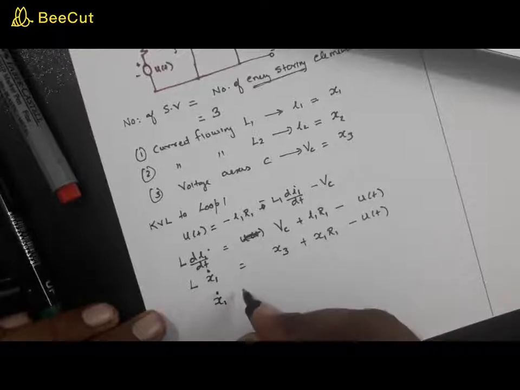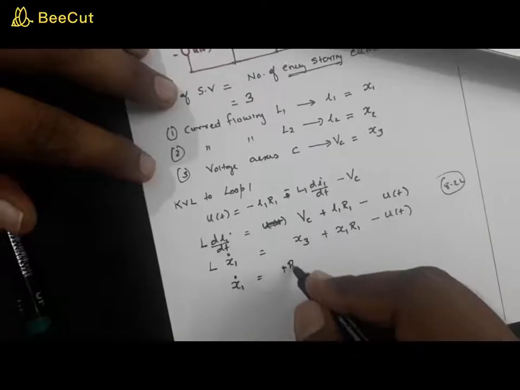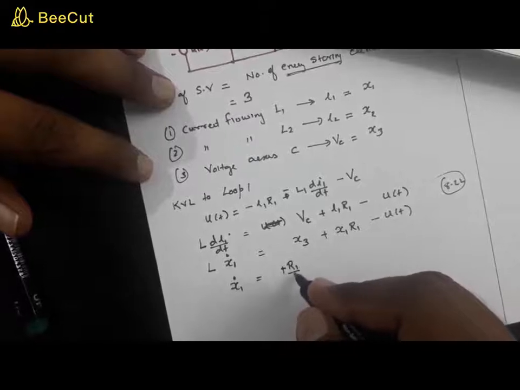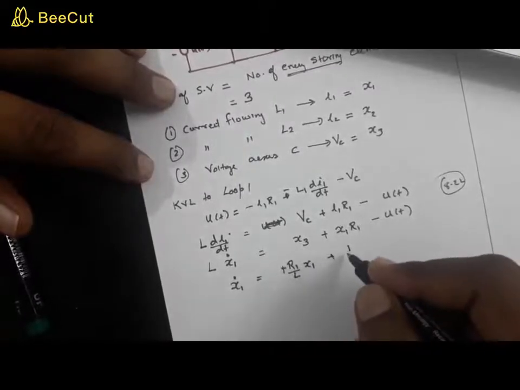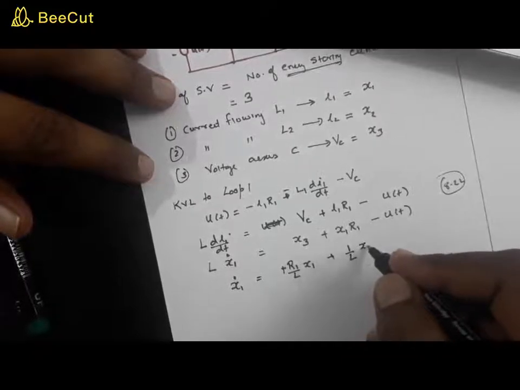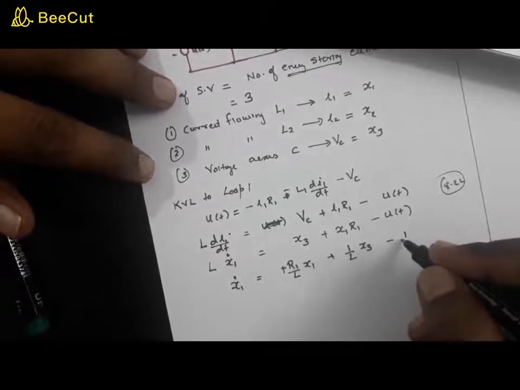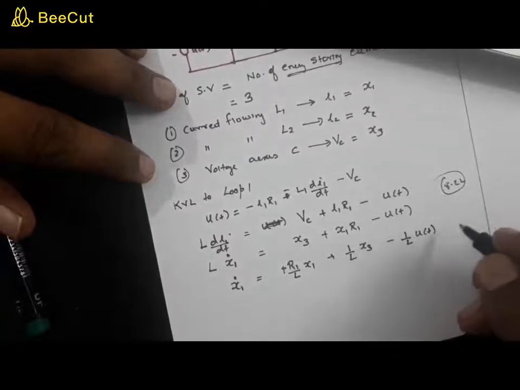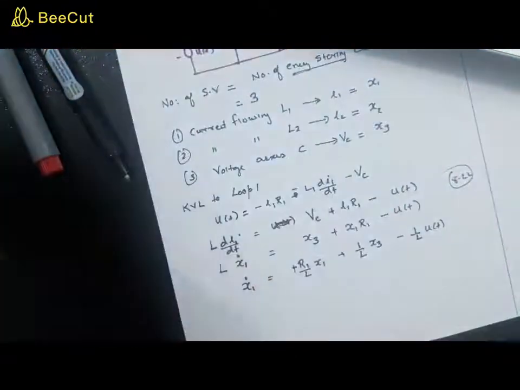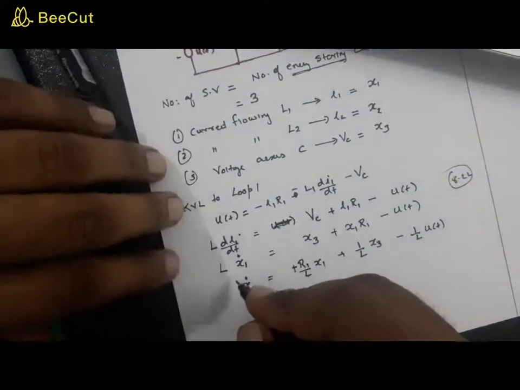So x1 dot will be minus R1 by L into x1 plus 1 by L into x3, minus 1 by L into U of t. So this is one of the state equations.